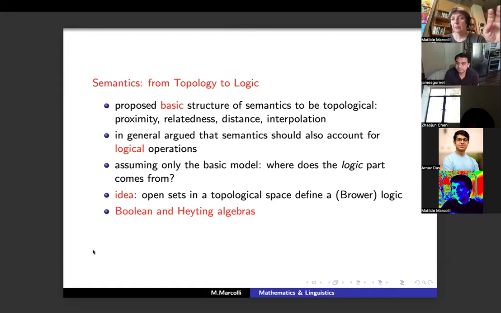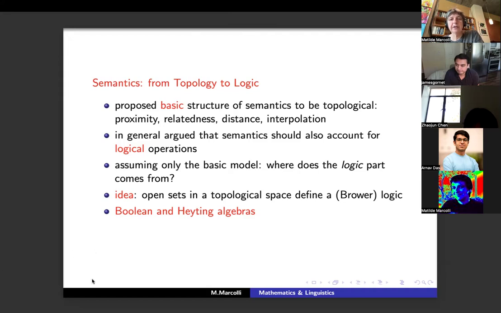So we assume that we have some kind of topological space as our semantic space, but we don't assume that it carries any additional structure beyond that. What I want to argue is that that is in fact sufficient to also get a logic for free. And I'm going to review very quickly why that is the case.